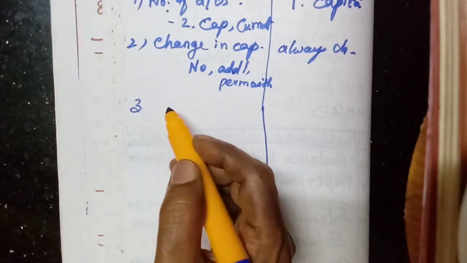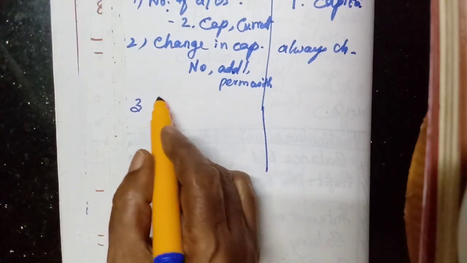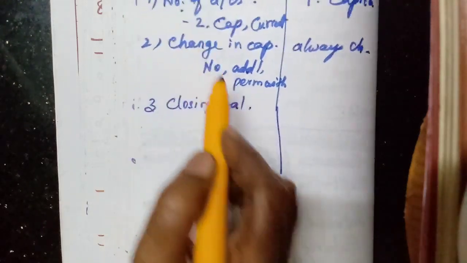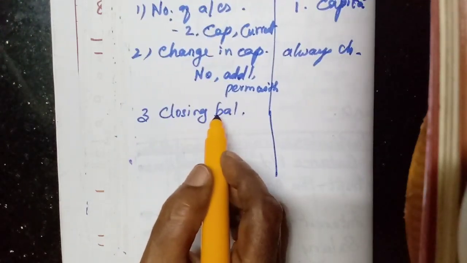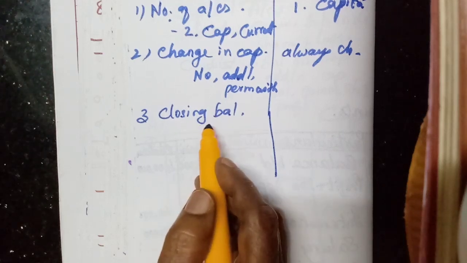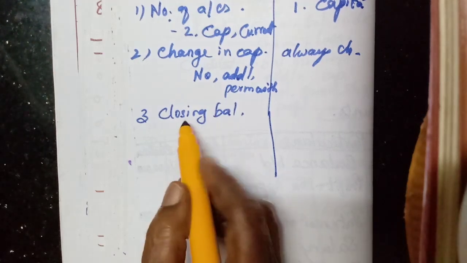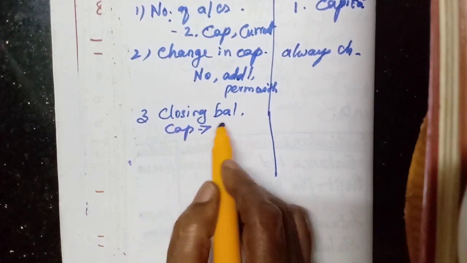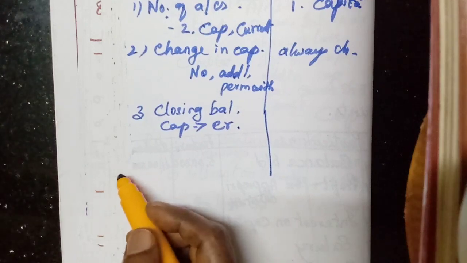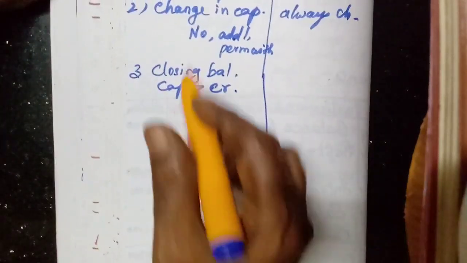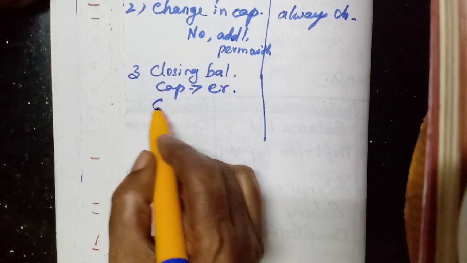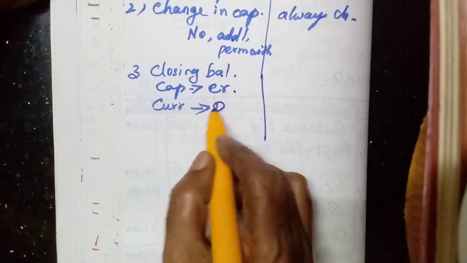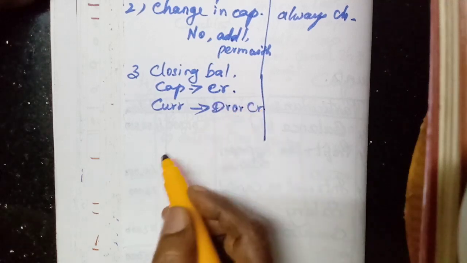Then third difference, the closing balance of accounts. Okay, here in the fixed capital method, that closing capital, it will be always in the capital account. Okay, it will be always credit balance. Okay, closing balance of the capital account under fixed capital method. But here we prepare two accounts. Under the current account, either it will be debit or it will be credit balance.